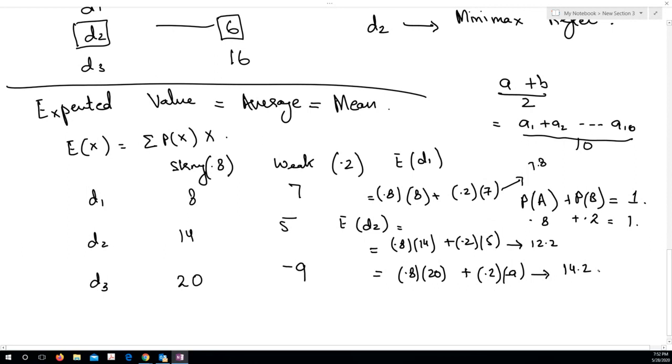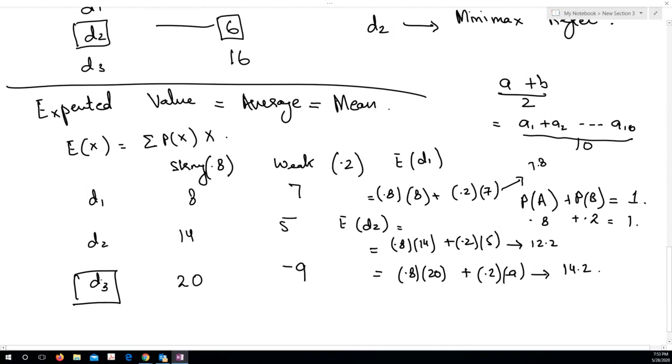So if we have to choose the best option based on probabilities, we will go for D3. This is the best option if we have the knowledge that the chance of having a strong market is 80%, and the chance of getting a loss of 0.9 is only 20%.